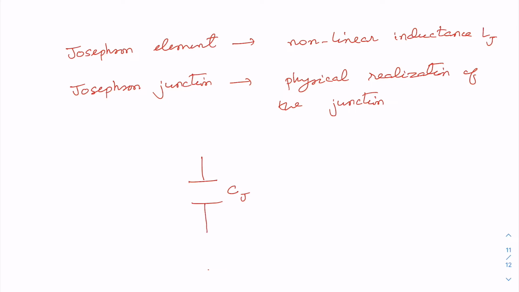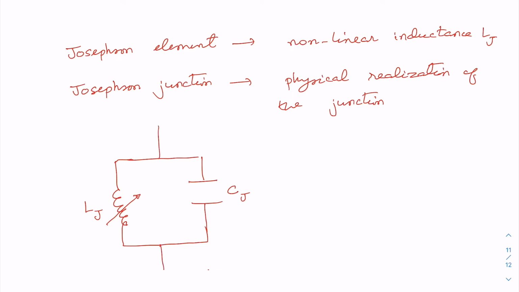This capacitor is connected to a nonlinear inductance Lj in parallel. So this is the model diagram for a Josephson junction for the physical realization, and it is a nonlinear inductor, so therefore this is the symbol that is used.